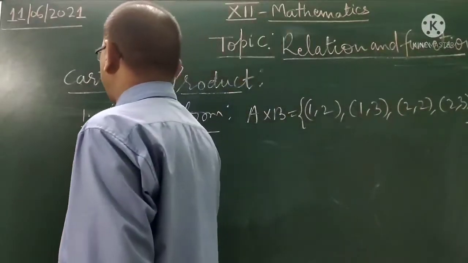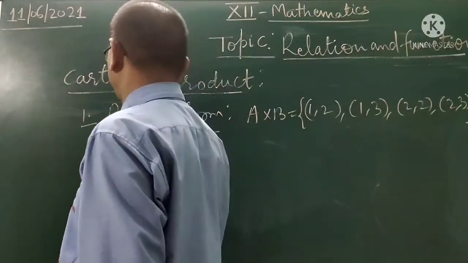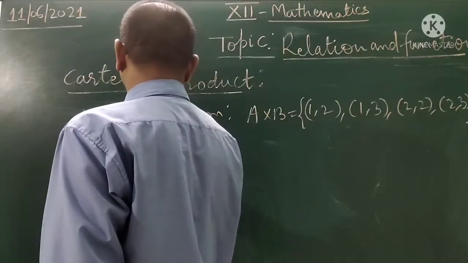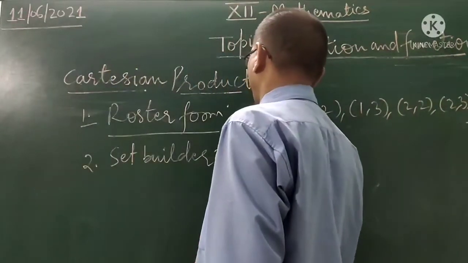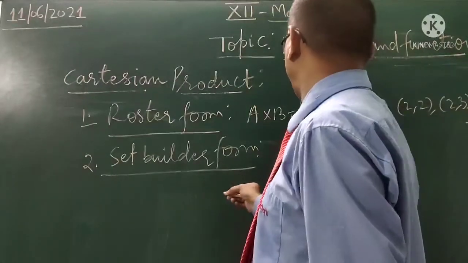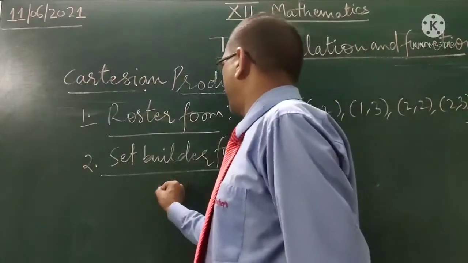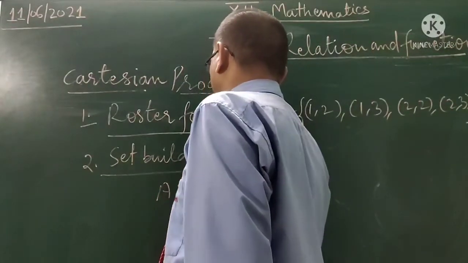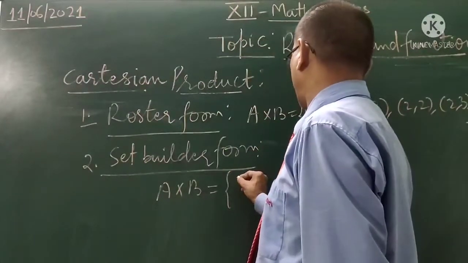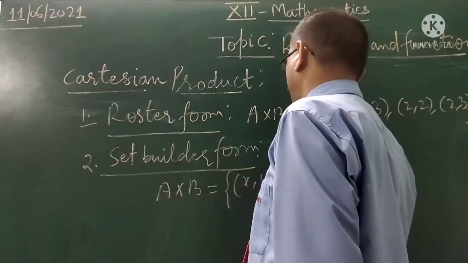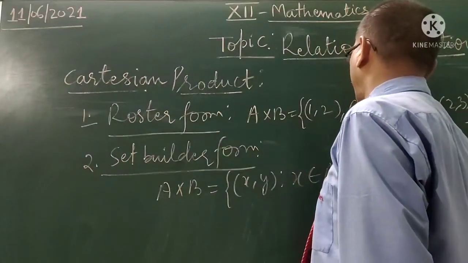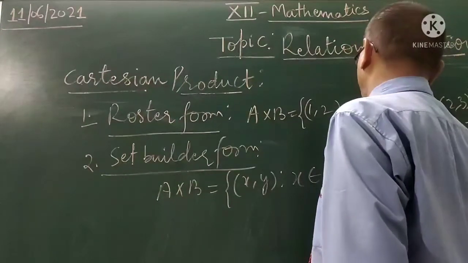If we talk about the set builder form, then elements are not present, and A cross B is equal to {(x, y) such that x belongs to A and y belongs to B}.